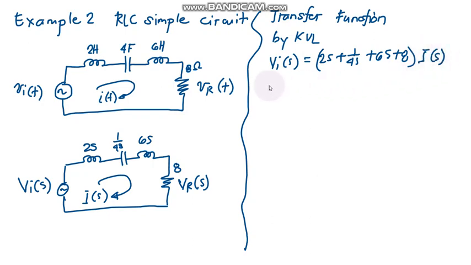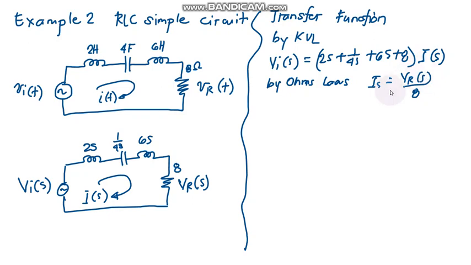And we know by Ohm's law that IS is equivalent to VRS over 8.